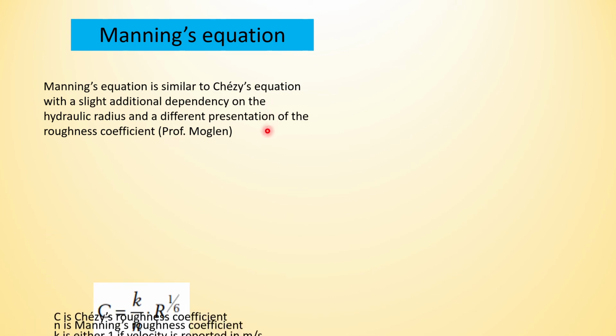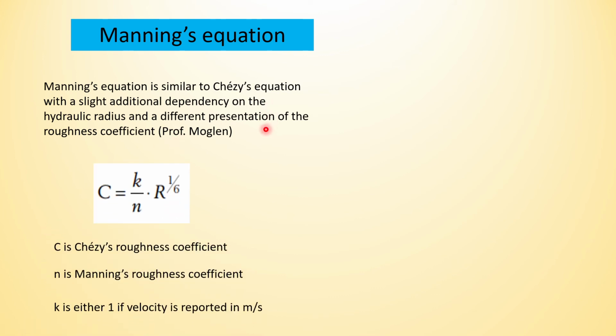This is the equation for C, the roughness coefficient. C is Chezy's roughness coefficient. N is Manning's roughness coefficient. So this is how Manning's n is included in Chezy's roughness coefficient.